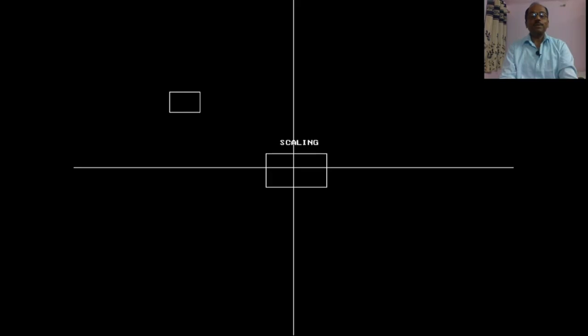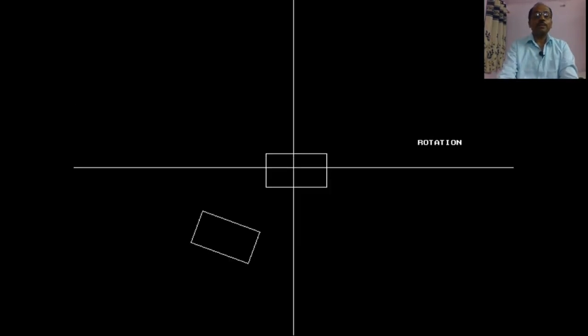Just as we have described, to compact, to reduce, we put the scaling factor less than 1, and here you are seeing that I have inputted 0.5 and 0.6, and both of these are less than 1. So, it has been compacted, I mean reduced in size. So, by this way the scaling is done.